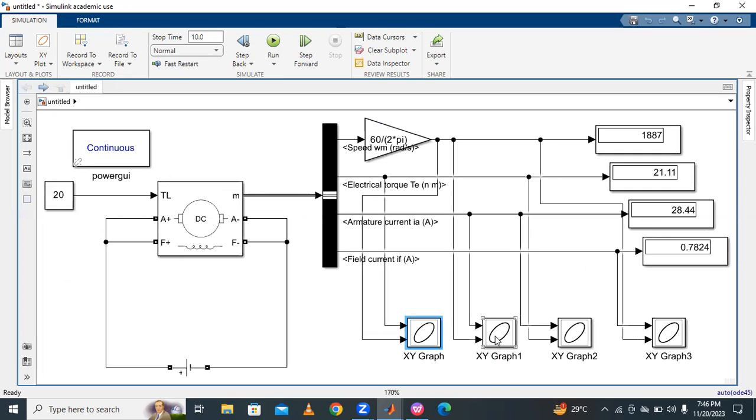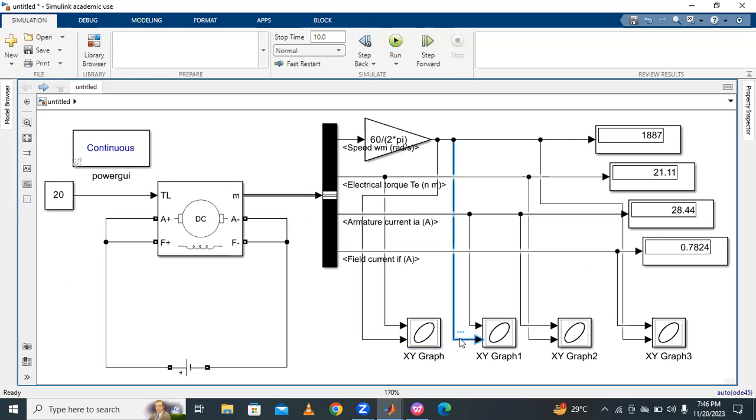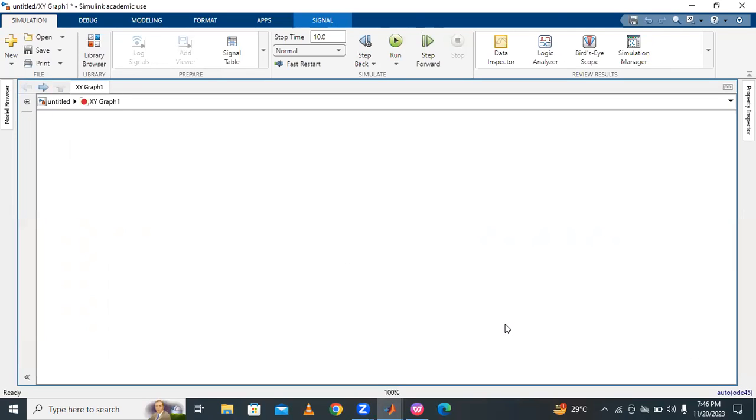And then coming to the second one, the y-axis is speed and the x-axis is current: speed versus armature current characteristics.